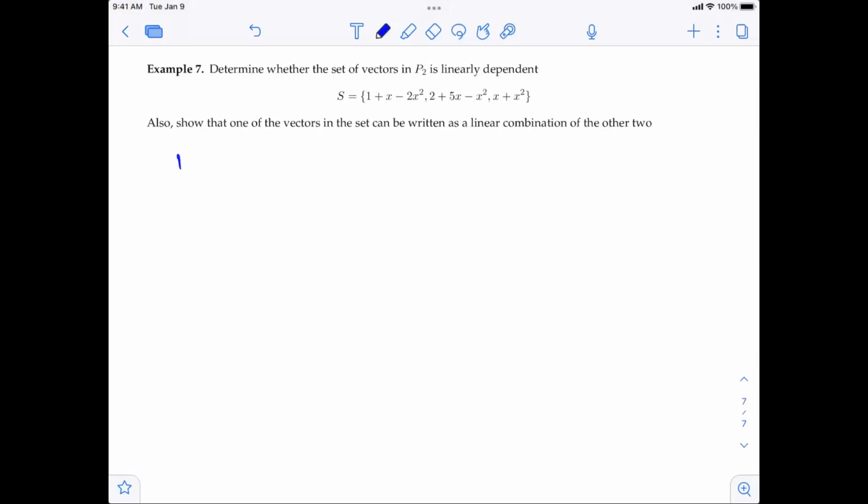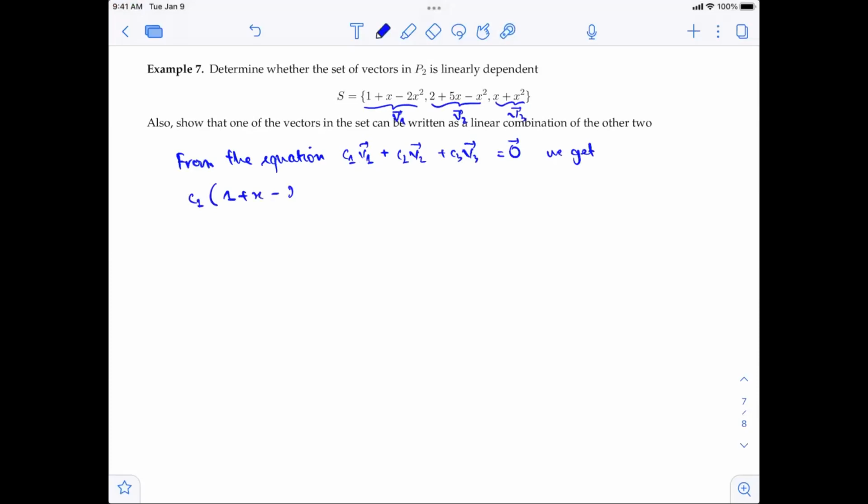So from the equation C1 V1 plus C2 V2 plus C3 V3 equal to 0, we get, with V1 being this, V2 being this, and V3 being this: C1 times 1 plus x minus 2x squared plus C2 times 2 plus 5x minus x squared plus C3 times x plus x squared equal to 0.